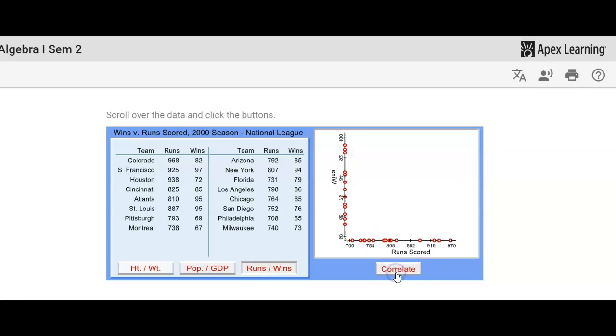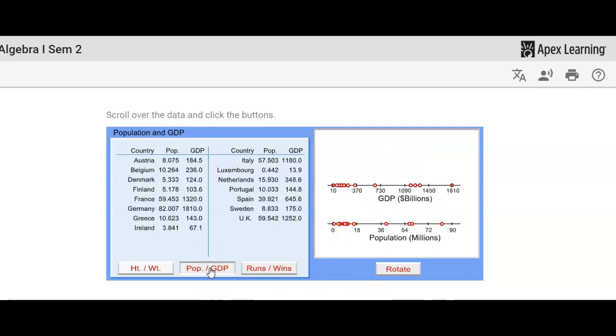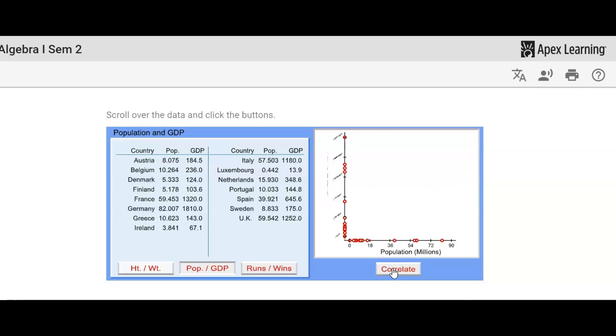And then I'll actually take the runs and wins, and we'll get something like this, right? Now, taking a look at all of this data again, you're going to answer questions on it.